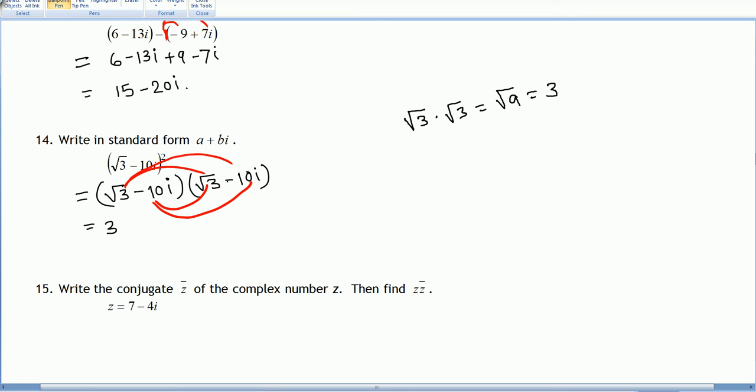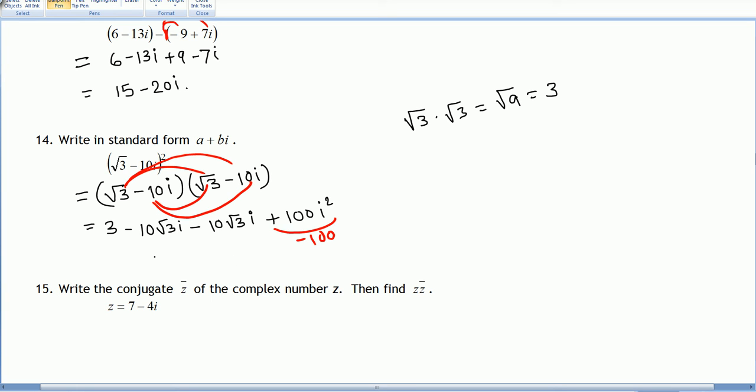Root 3 times negative 10i has a minus sign, so negative 10 root 3 i. Now negative 10i times root 3, negative 10 root 3 i. Negative times negative is positive, 10 times 10 is 100, i times i is i squared, and we know i squared is negative 1, so 100 times negative 1 is negative 100.